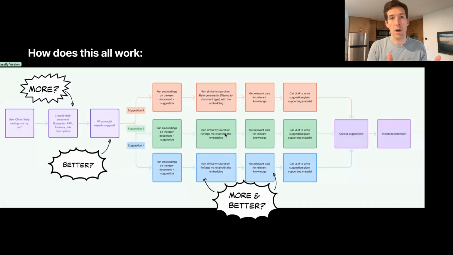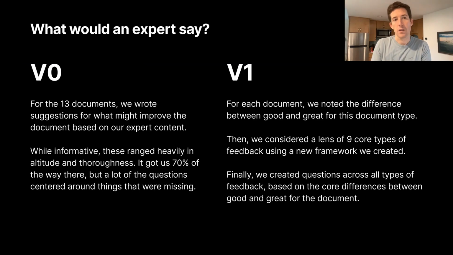So going back to this flow, we went from 13 to 180 different types of documents we detected at this step. And the next thing we were trying to think about was, how do we improve the suggestions that an expert would say if they were sitting over your shoulder and they were reviewing the doc? Going back to our V0 and our V1, for the 13 different document types, we wrote what we thought were good questions.